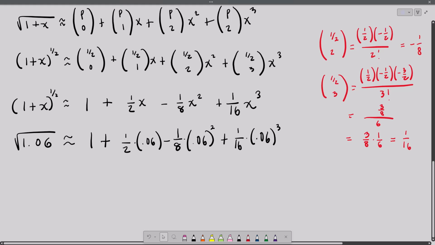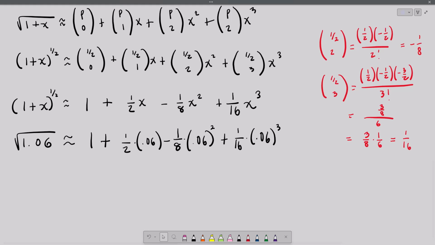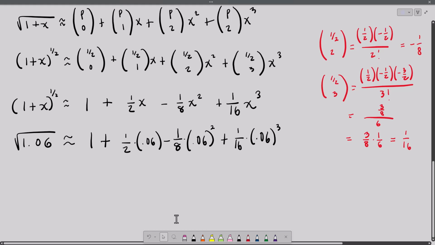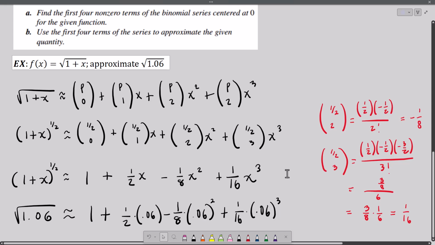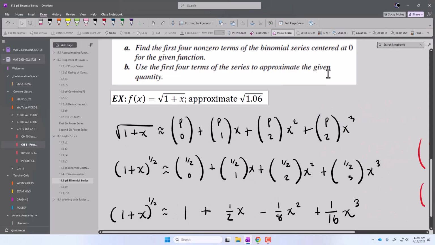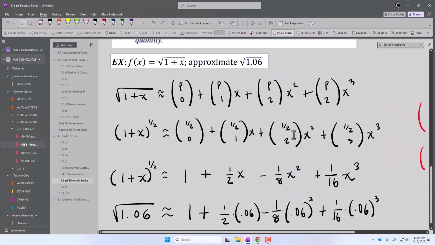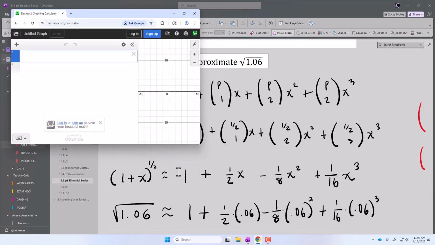All right, so we'll type it into Desmos because Desmos can do that more quickly than I can do it. So first, let's get the 1.06 up here.